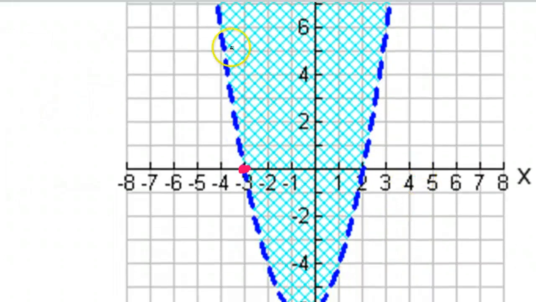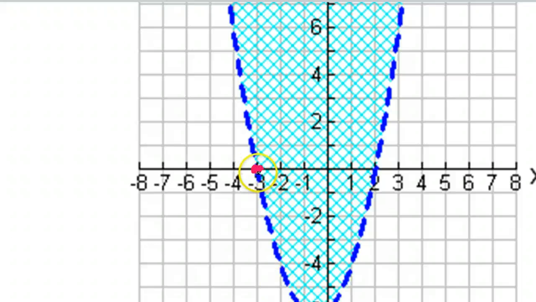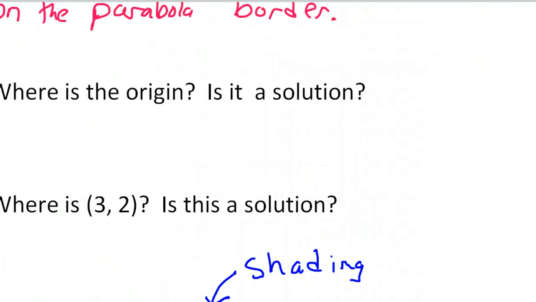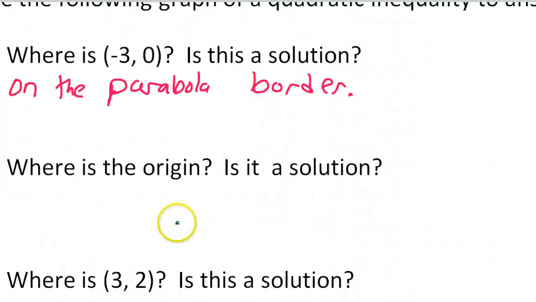You see how this border is dotted? The fact that it's dotted means that it is not included as part of the solution set. So, because negative 3, 0 is on the border, but the border is dotted, that means that this is not a solution. If this were a solid parabola, then we'd say yes, it is a solution. But since it's dotted, we're going to say no.